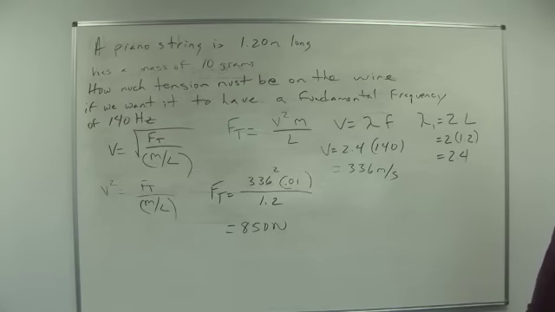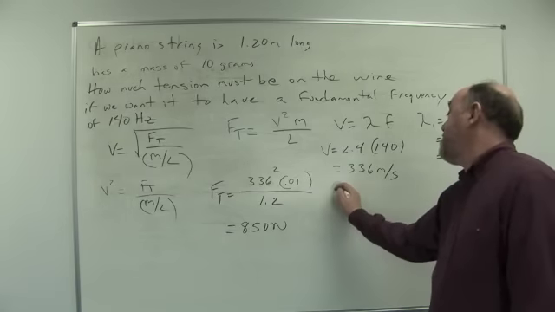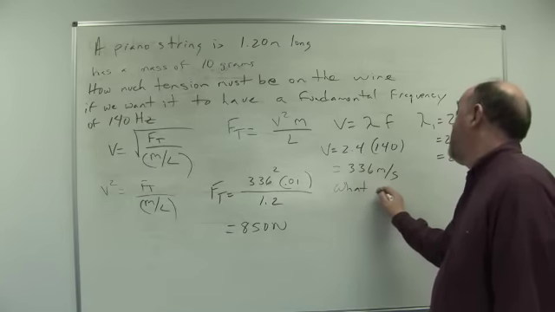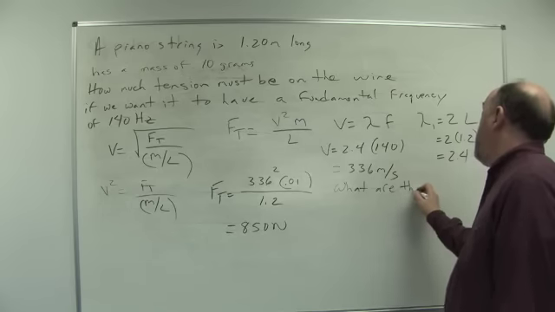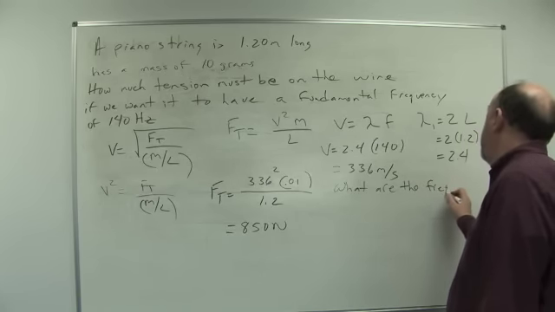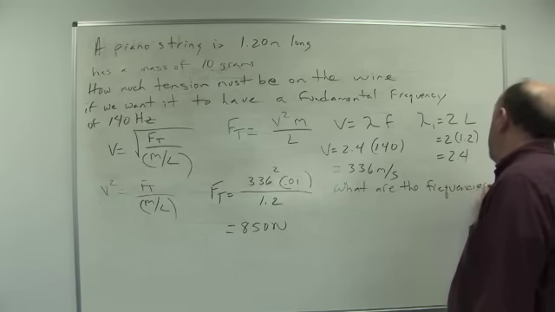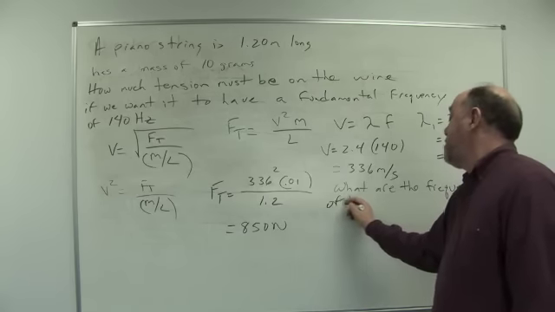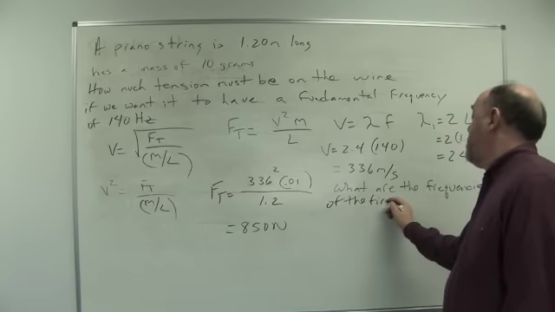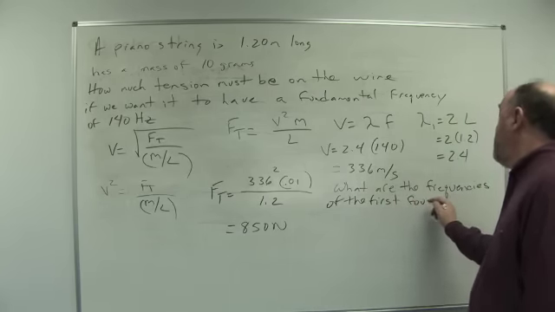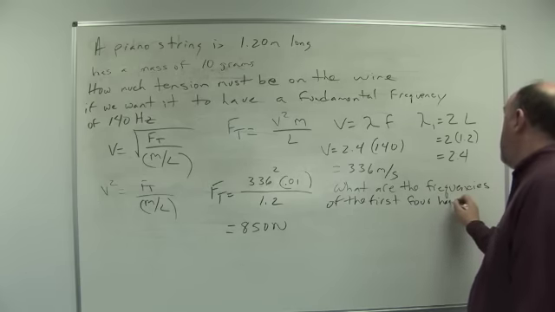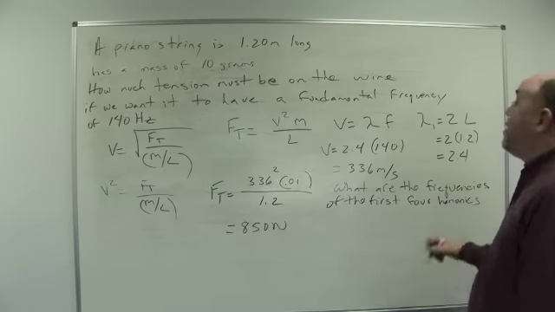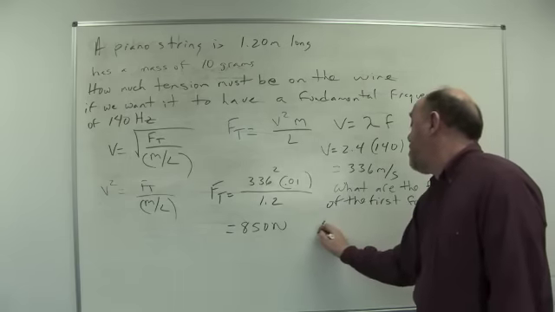And then I also want to know the frequencies of the first 4 harmonics, so we go to the second part of this question. The first one I gave you in the problem, which was 140.